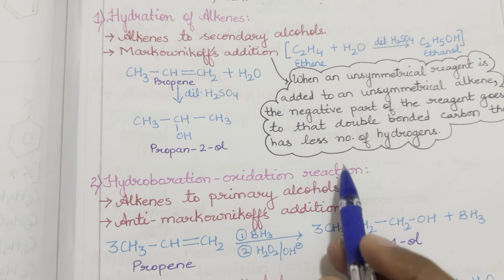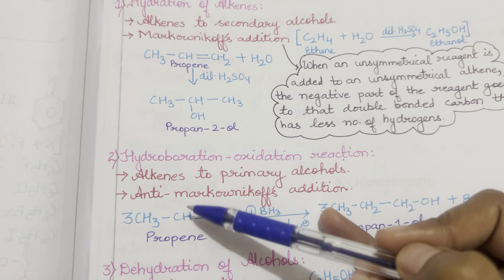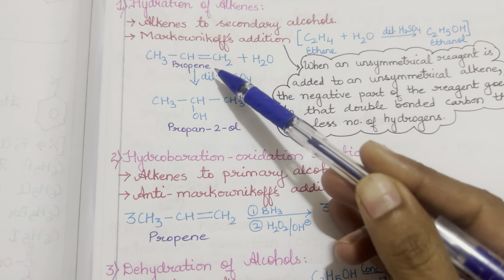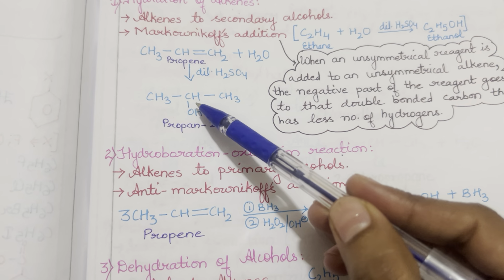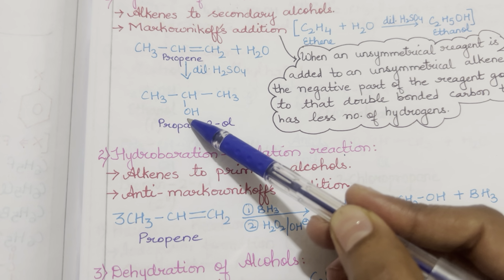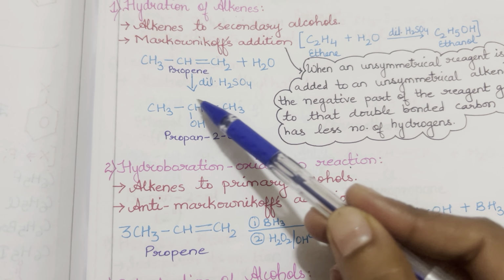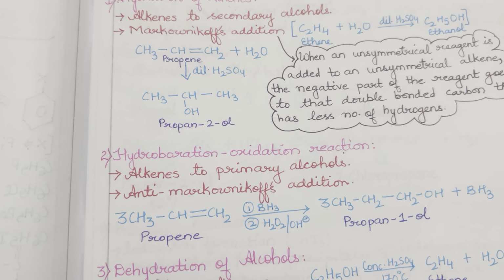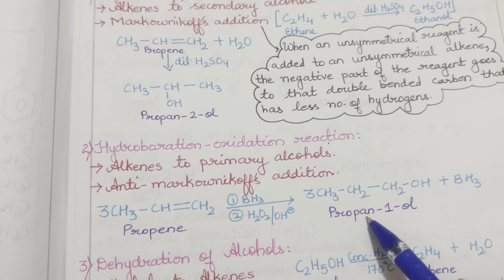Now what is the difference in these two? First of all, the reagent is the same, that is we have alkene with us, but in this case you can see the product formed is propan-2-ol, that is the alcohol, the OH group is present on this particular carbon, which in turn is attached to two carbons. But in this case, when we take the same propene, you are getting propan-1-ol.